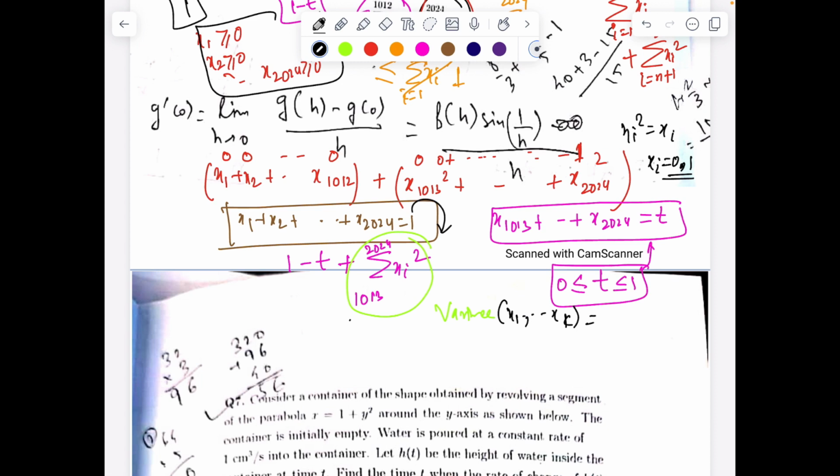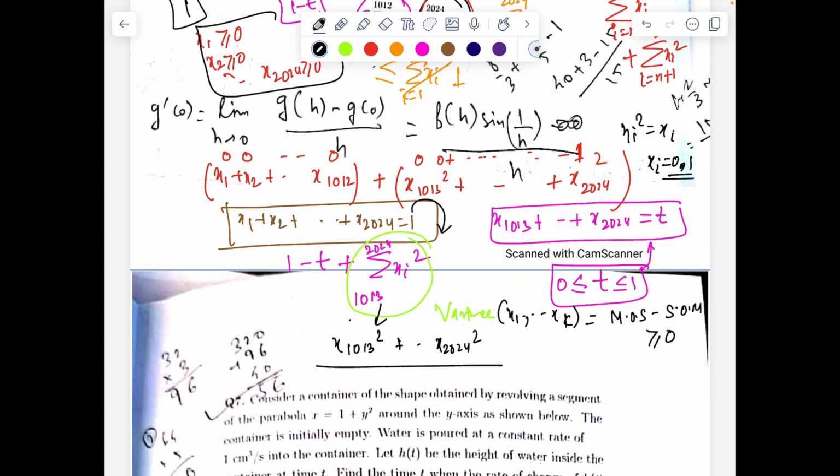So variance of numbers x1 till, let's say, xk, what will it be? Mean of squares minus square of mean. Now you know variance is always non-negative, so mean of squares will always be greater than or equal to square of mean.